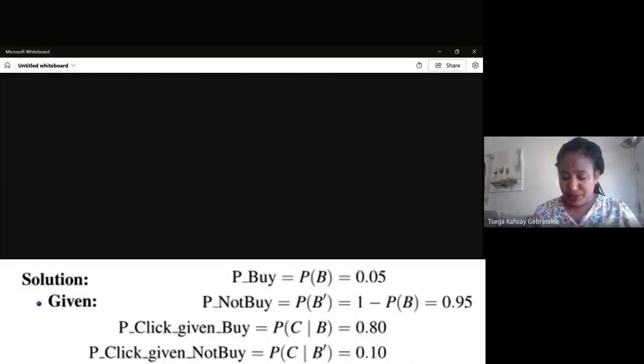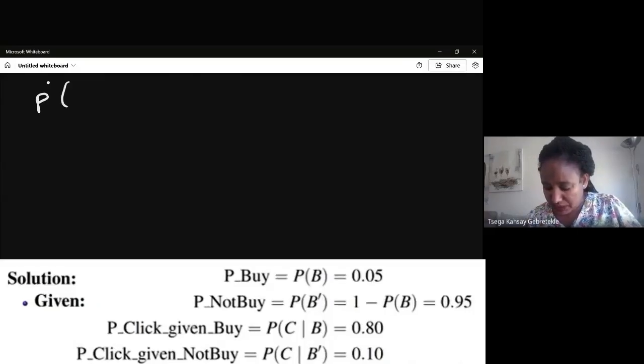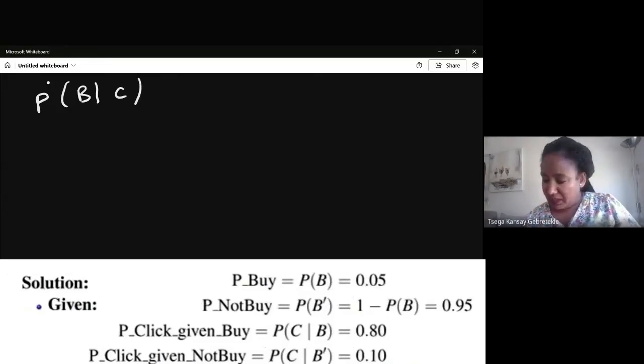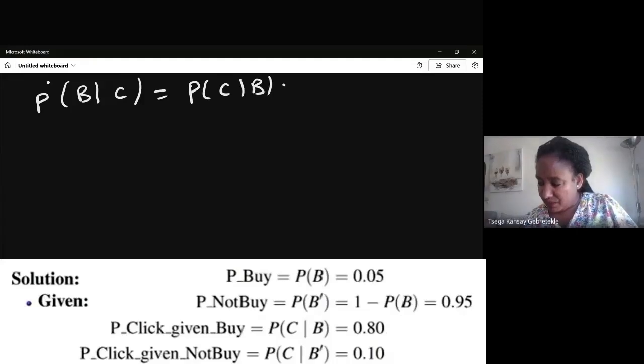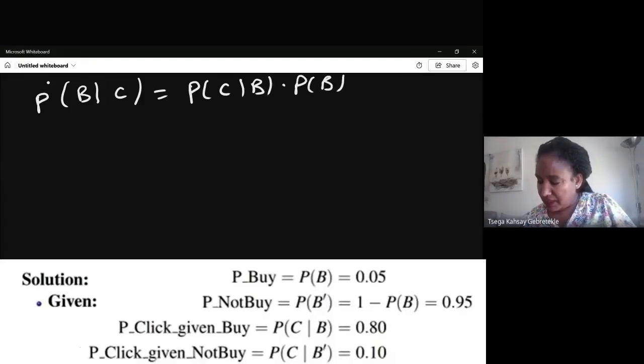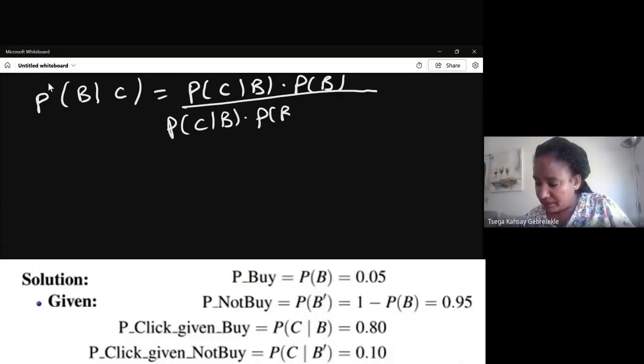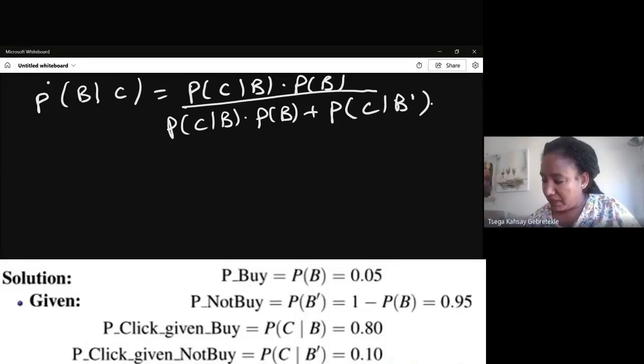So for example 2, what we are asked is to find probability of B given that they click on the ad. And that is probability of click given B times probability of buy, divided by probability of click given B times probability of buy plus probability of click given B complement times probability of B complement.